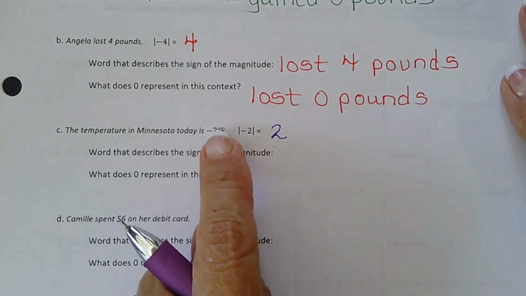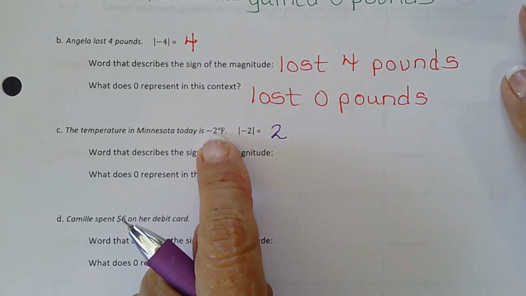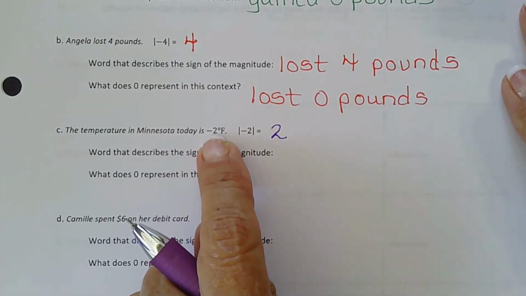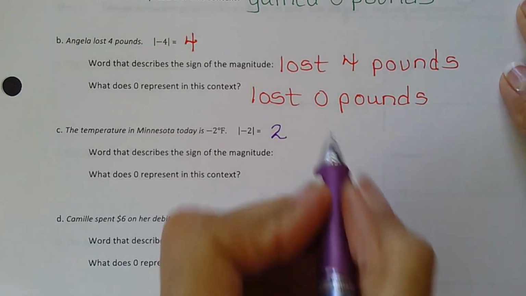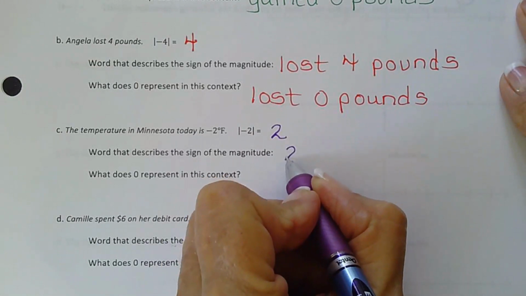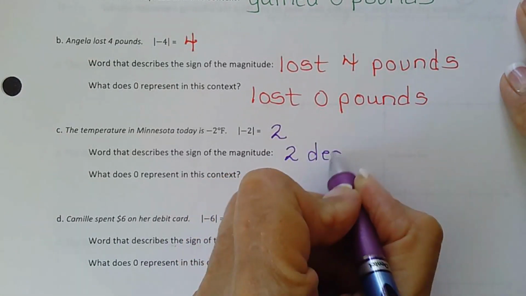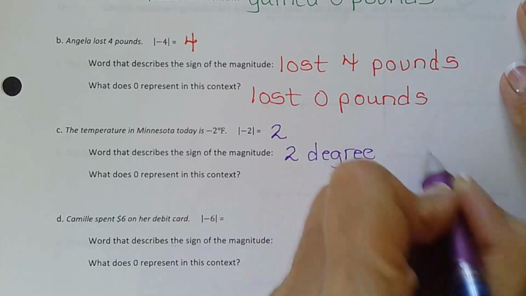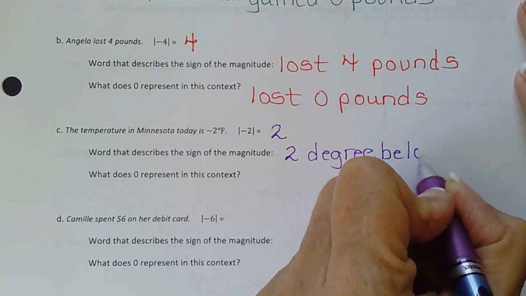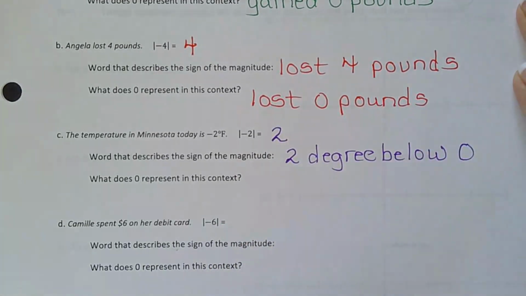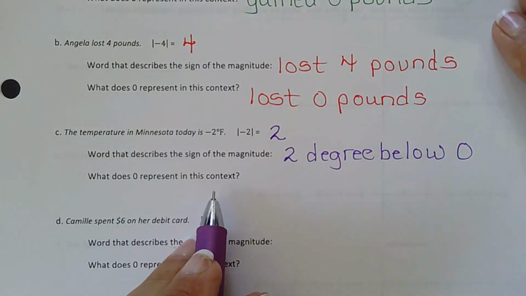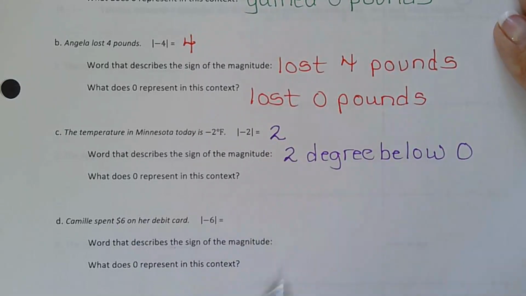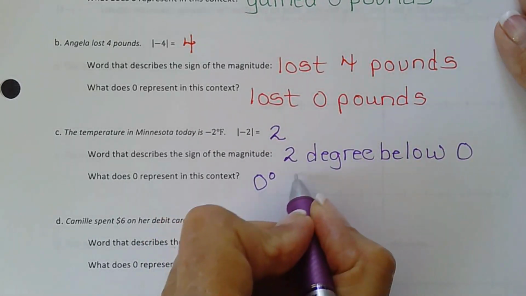Oh man, did you hear it's 20 degrees below 0 in Iowa? That would be a description of a negative thing, so below 0. So it would be 2 degrees below 0 whenever it's a negative. What does 0 represent in this context? 0 degrees Fahrenheit.